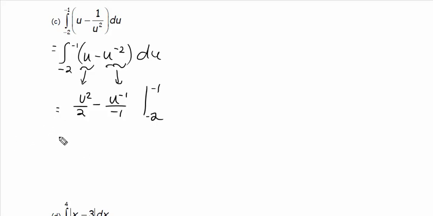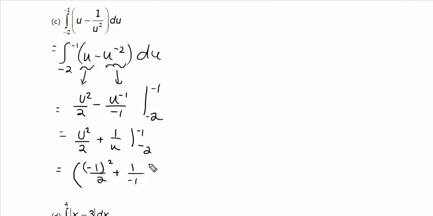Now, if I want to simplify this first, this ends up being u squared over 2 plus 1 over u. Then I can substitute in the -1 for u, and then subtract that from what I get when I substitute in the -2 for u.